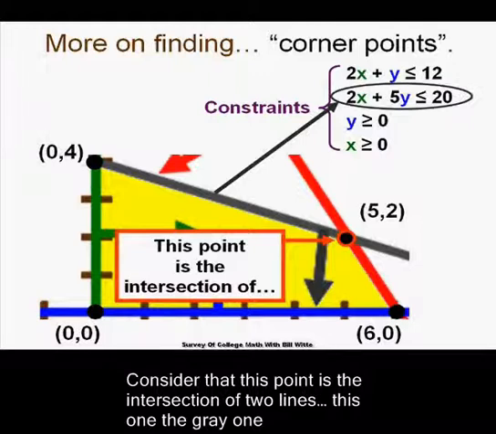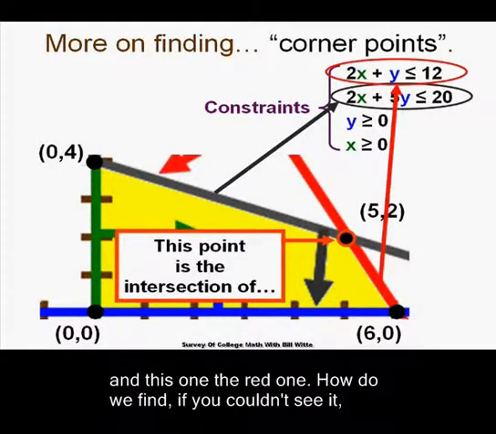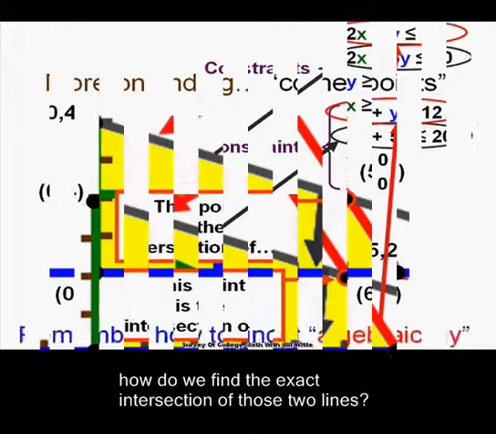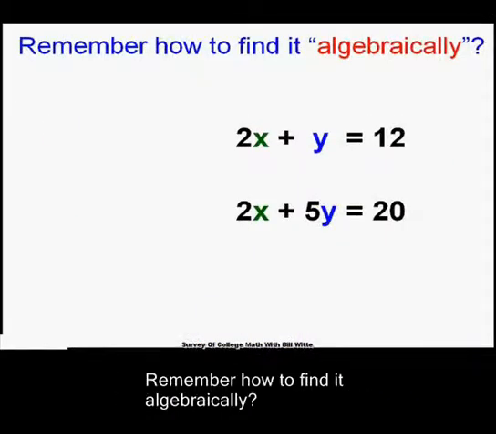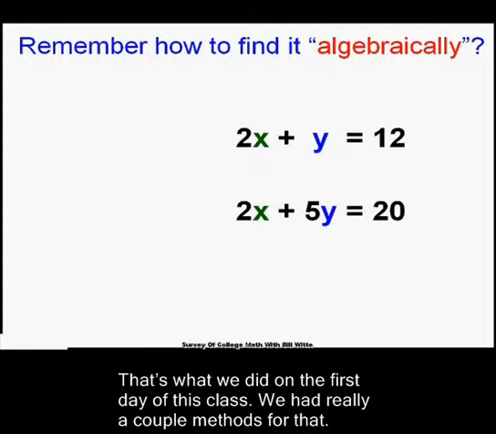This one, the gray one, and this one, the red one. If you couldn't see it, if you wanted to find the exact intersection of those two lines, you remember how to find it algebraically? That's what we did on the first day. And we had really a couple methods for that.